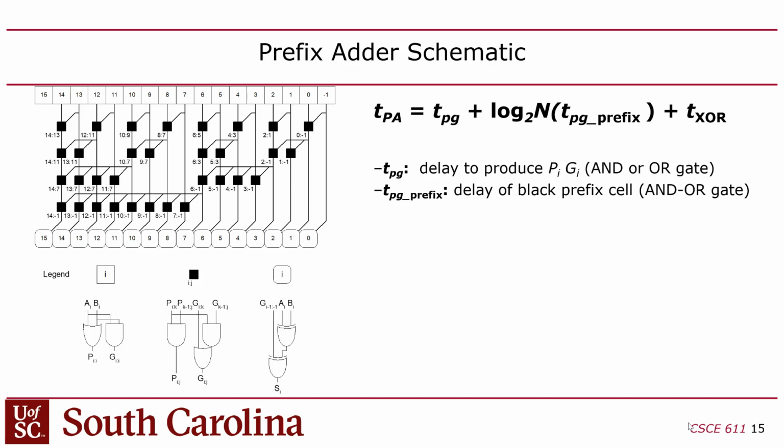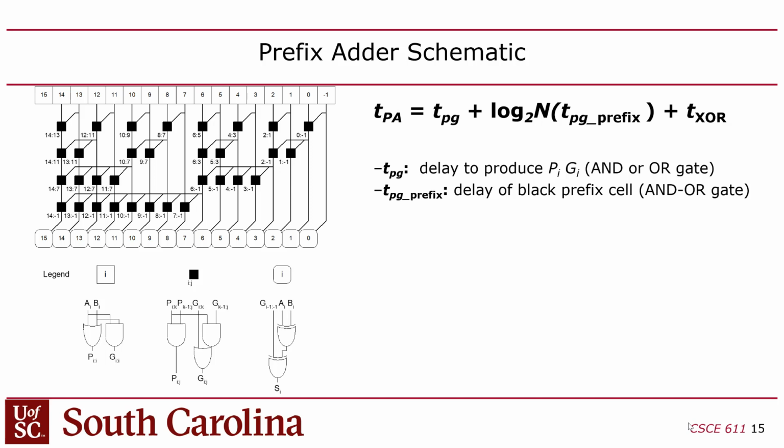And then you have an XOR because the XOR is generate i minus 1 down to negative 1. Remember, anything that goes back to negative 1 gets me all the way back to the beginning. That gets me the final carry-in into my column, which is, in this case, column i minus 1. I'm trying to generate a sum for column i, so I need the generate for column i minus 1.